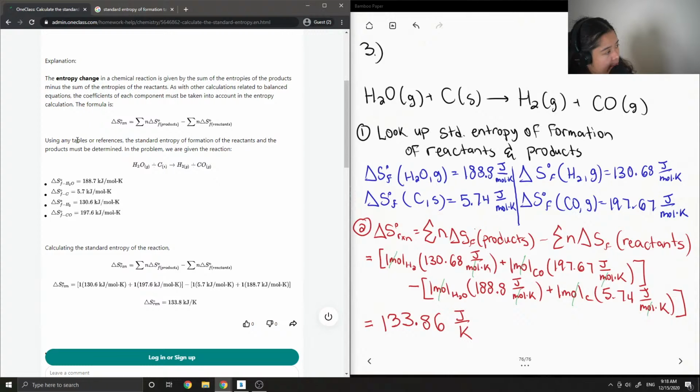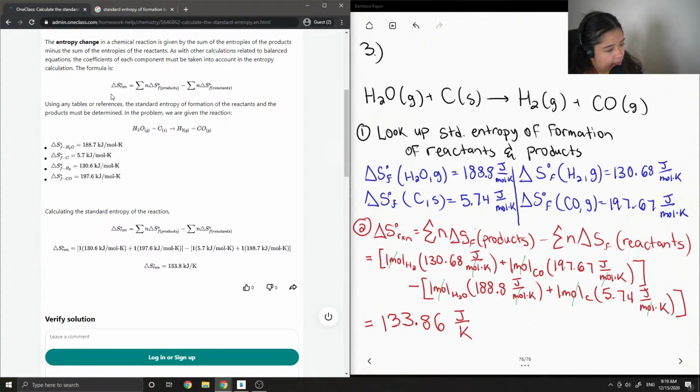But their explanation says the entropy change in a chemical reaction is given by the sum of the entropies of the products minus the sum of the entropies of the reactants. As with other calculations related to balanced equations, the coefficients of each component must be taken into account in the entropy calculation.